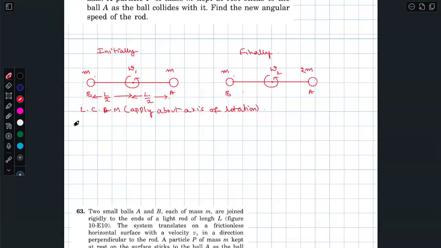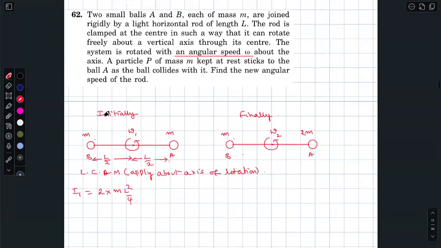Initially, moment of inertia is 2 times ml square by 4. The rod is of negligible mass, a light horizontal rod of length L.